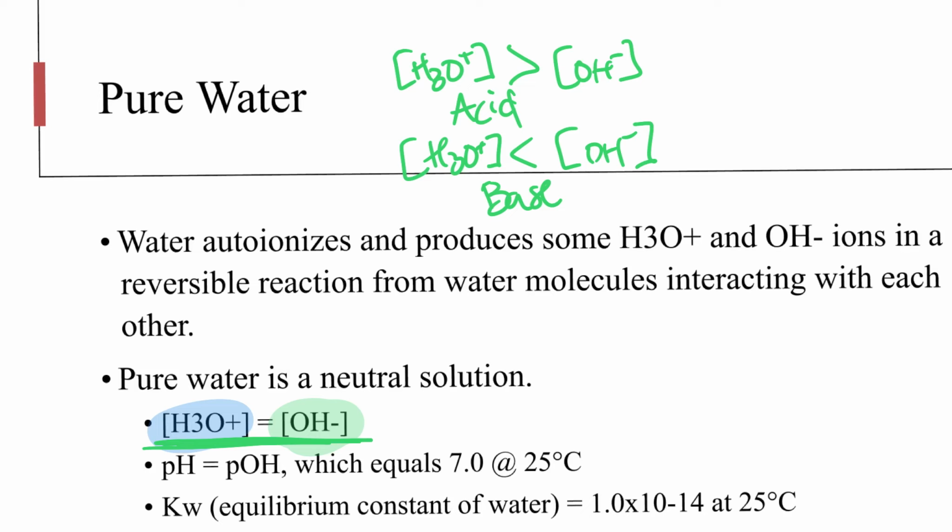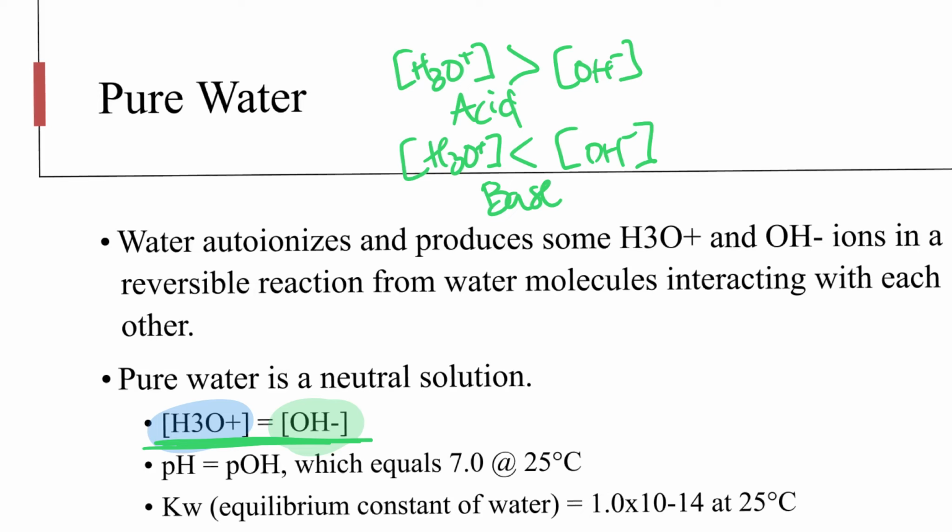For pure water, because for every two water molecules that combine you create one hydronium and one hydroxide, you always have the same number of hydroniums and hydroxides. So pure water will always be neutral. It turns out pH is temperature dependent.